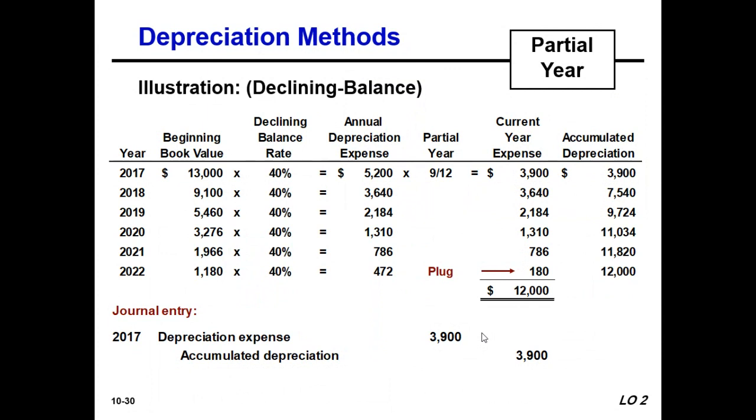Plug-in means just a number which gives us a book value of 1,000. Just try to practice. For partial year, the plug number is 180 in the last year. Whatever balance is left, you have to apply.